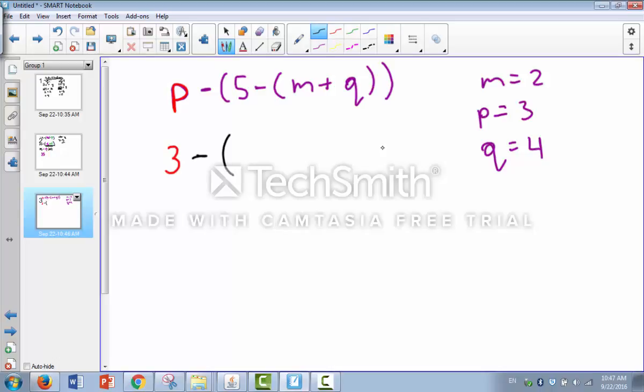Minus, and I have bracket. 2 sets of brackets, that's interesting. So we have a 5 minus, and then we have an m. Instead of m, we're putting 2. And then we have a q, and instead of q, we're putting 4.